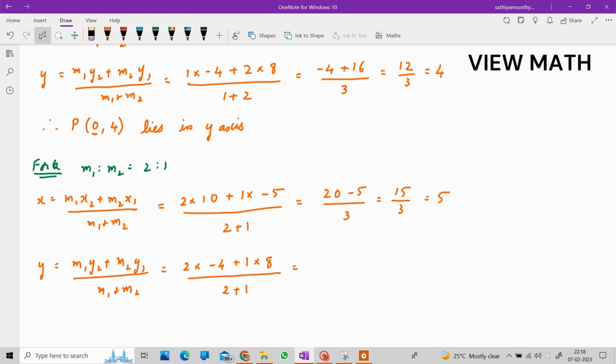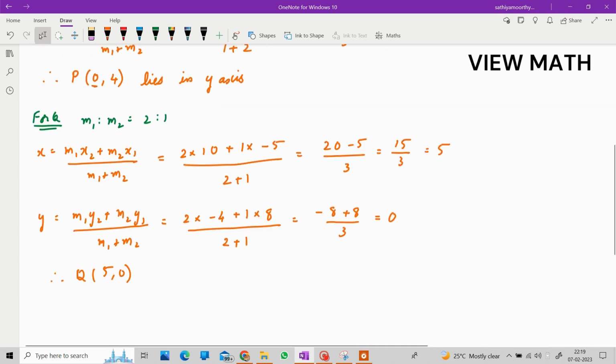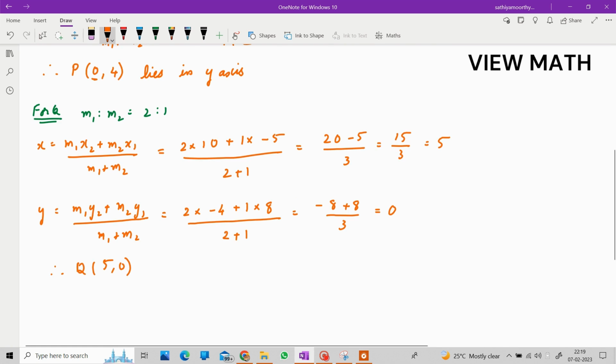This is equal to -8 plus 8 divided by 3, which is equal to 0. Therefore, the coordinates of Q are (5, 0). You can see that the y coordinate is 0. The y coordinate is 0 means it lies on the x-axis. So the point Q lies on the x-axis.